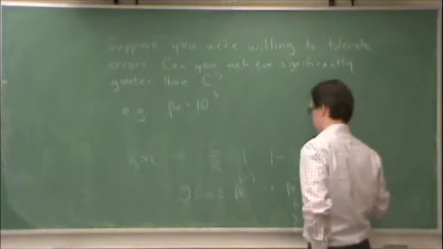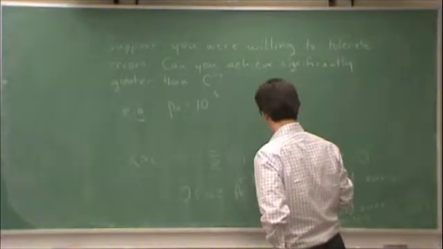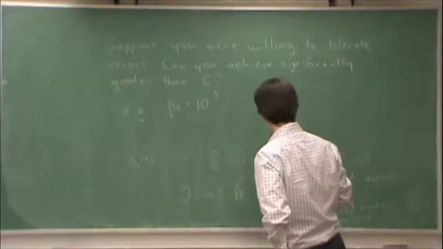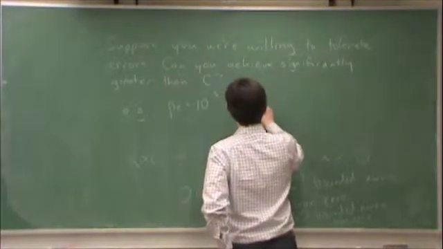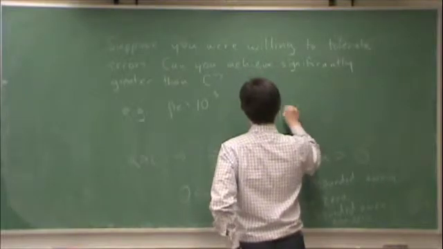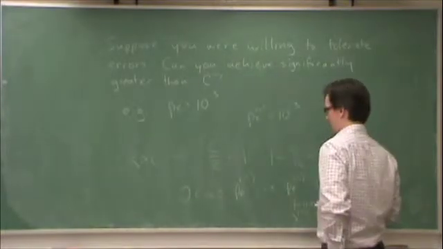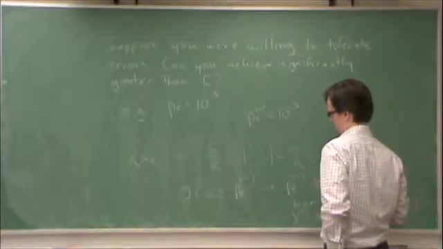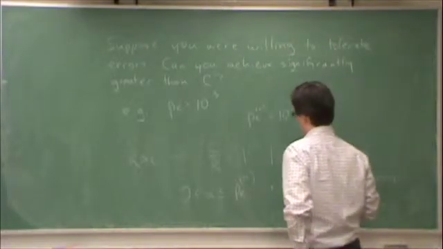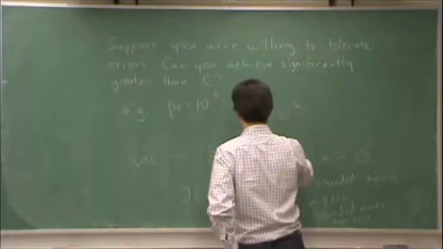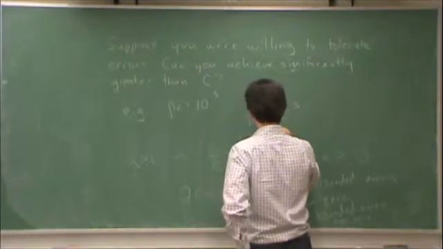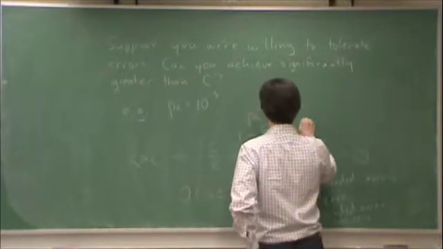Let's plug that into this inequality. If P_E is 10 to the minus 3, then 1 minus C over R must be less than or equal to 10 to the minus 3.